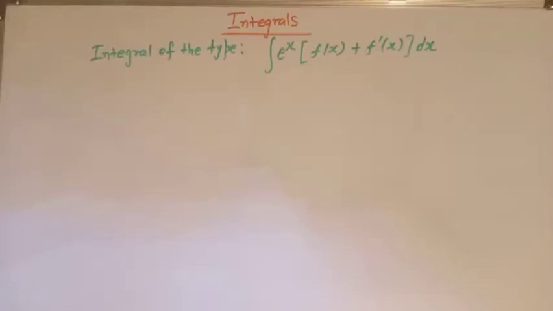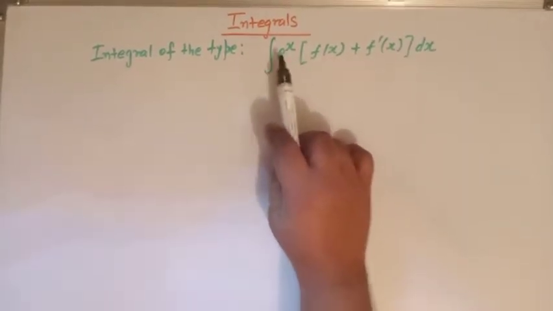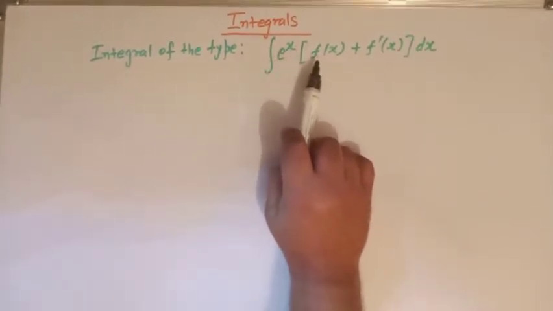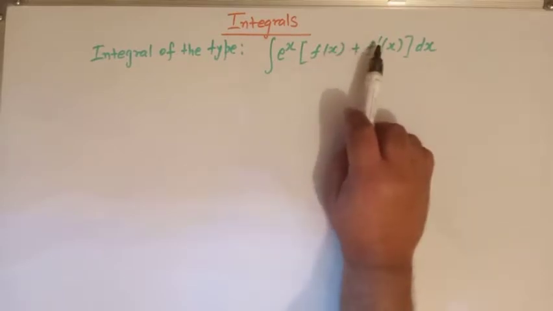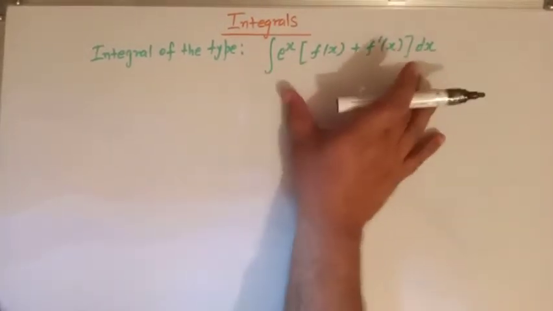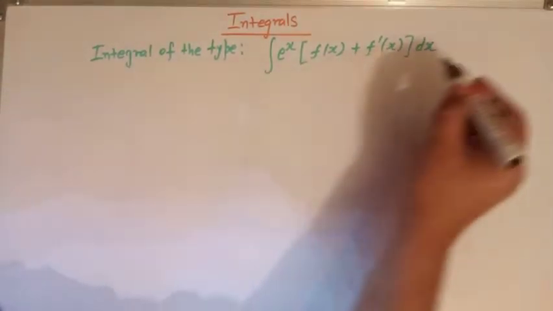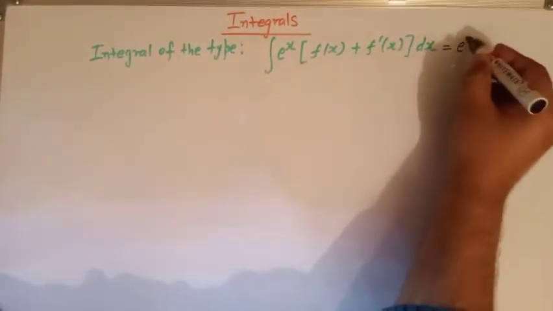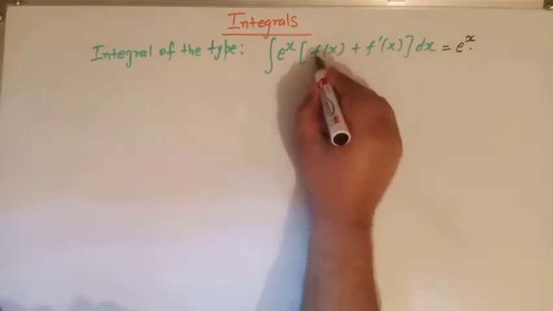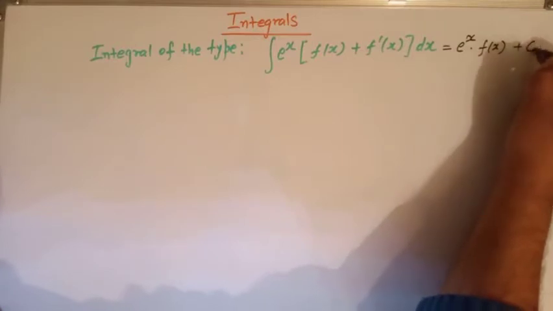Hello viewers, in today's lecture we are going to study the integral of the type e raised to x times f of x plus f prime of x. Clear? Now here this integral is equal to e raised to x times the function f of x plus c.